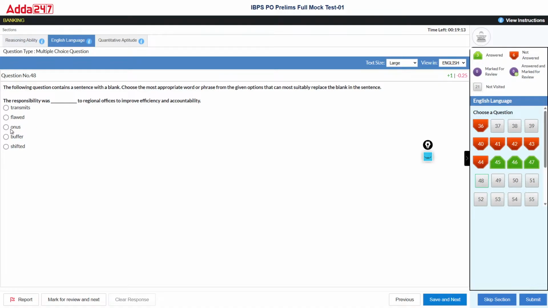The responsibility was onus, yeah, but onus follows with on. The onus itself means responsibility. So was shifted. The policy change had far-reaching impacts.